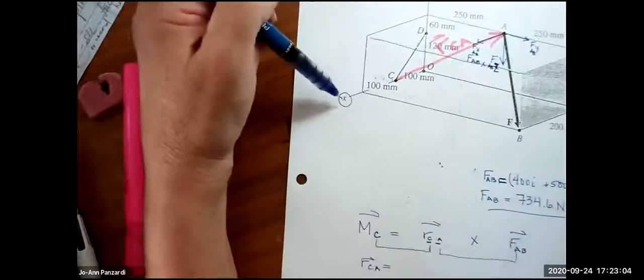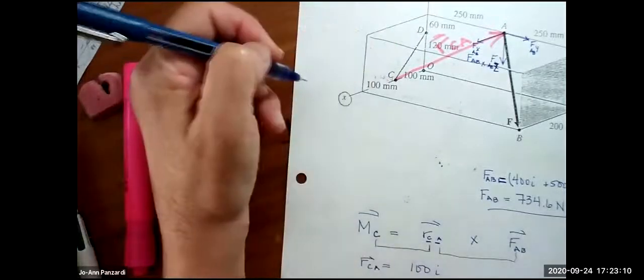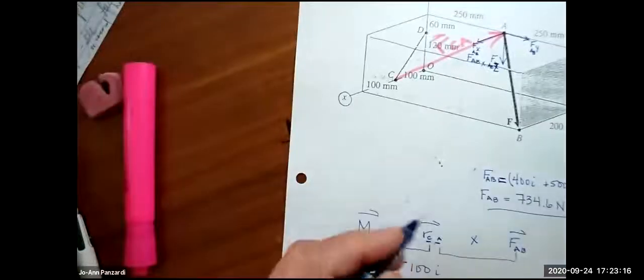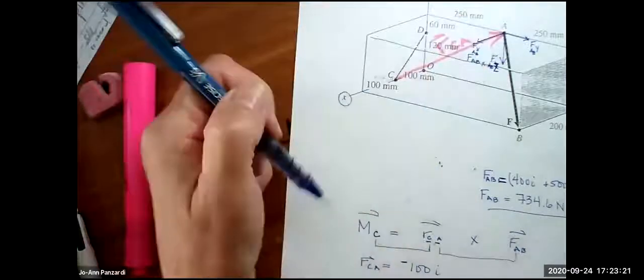And how much am I going in my X? I look at the X axis. Isn't it 100 millimeters? Yep, it's 100. And is it going in the positive or in the negative? If we're going from point C, then it'll be negative. Okay, going from C to A, negative.